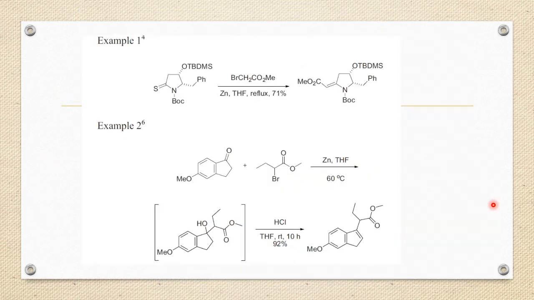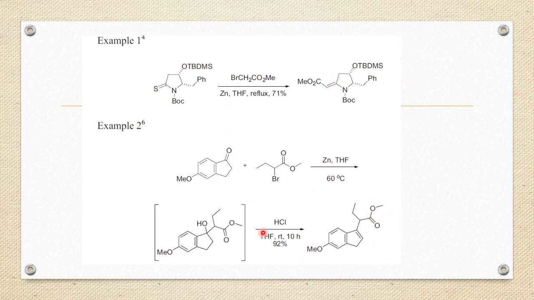These are some of the examples wherein you find this reaction being utilized in pyrrolidones, rather thiopyrrolidones. You have alpha bromo ester, zinc and THF reacting to form a beta hydroxy compound.